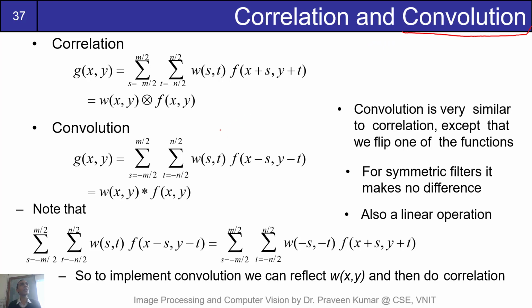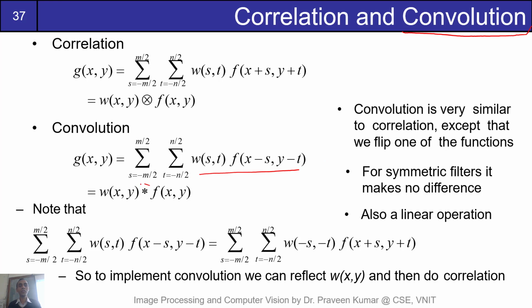There is only a slight difference between correlation and convolution in terms of mathematics. The difference is that in the convolution operation, the operation is defined like this. Basically, you are flipping it. You will have to flip the signal or the mask by 180 degrees, rotate it by 180 degrees, and then do the correlation.